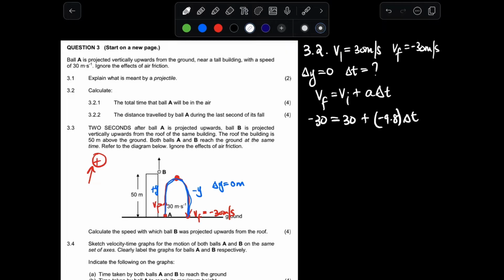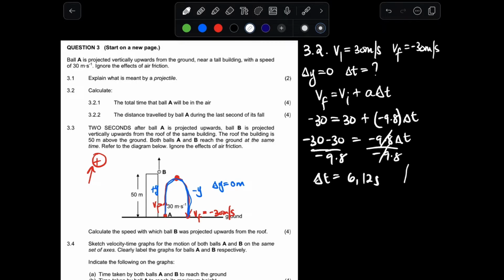Then negative 30 minus 30, when we transpose that, gives negative 60 equals negative 9.8 change in time, and then we divide by negative 9.8 on both sides. Time is equal to 6.12 seconds.